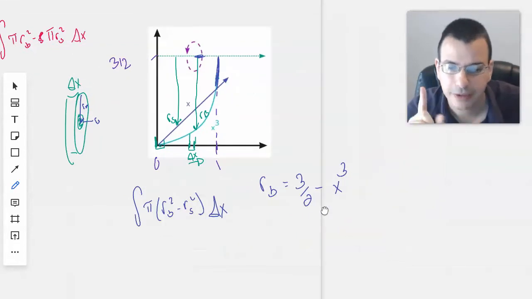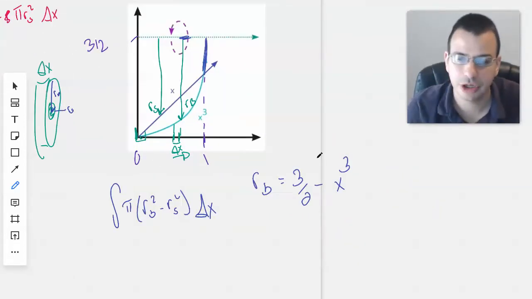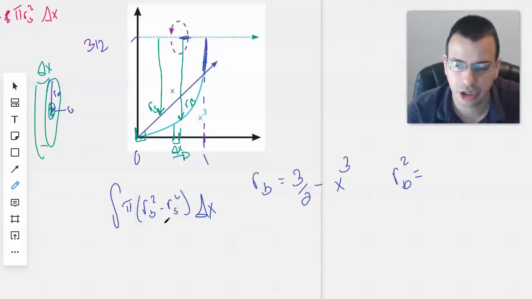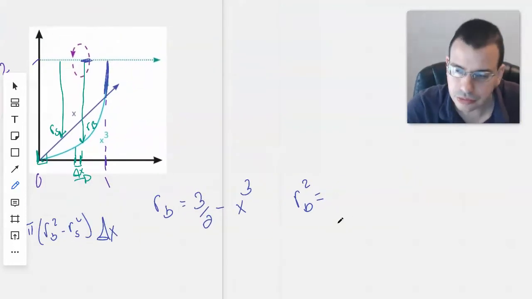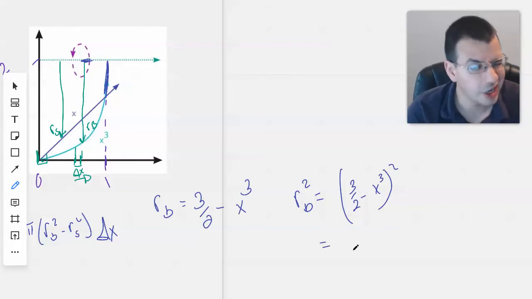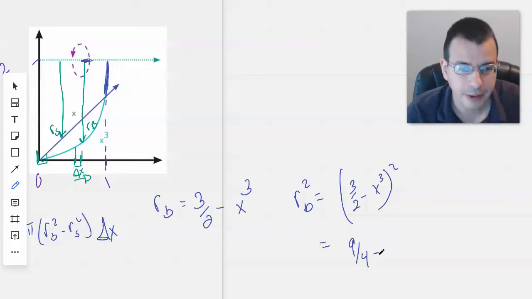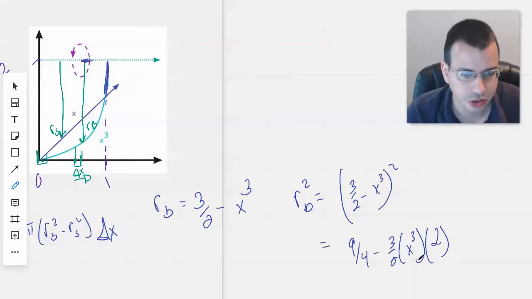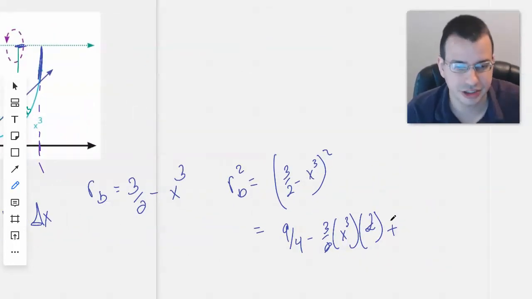Okay, so now the tricky part comes. We need R big squared. So this would be (3/2 minus x cubed) squared, which is 9/4 minus 3/2 times x cubed times 2, the 2's will cancel, and then we'll add to that x to the 6th.